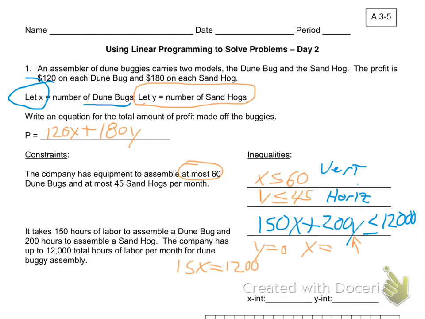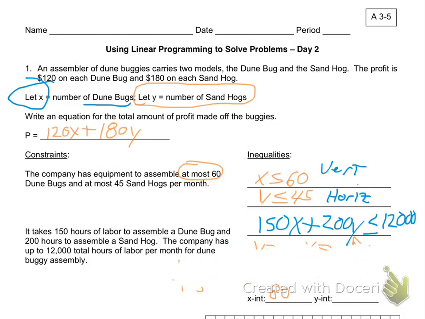And what would that give us if we divide that out? 15 will go into 120. Let's see, 15 times 4 is 60, so it'd be 8. So we have 80 as our x-intercept.